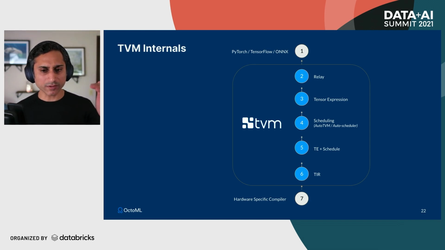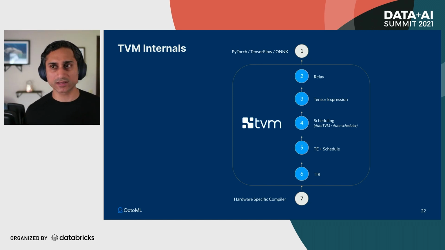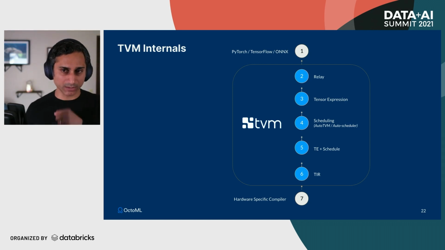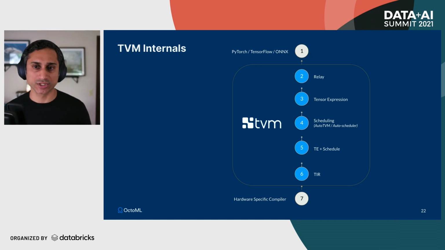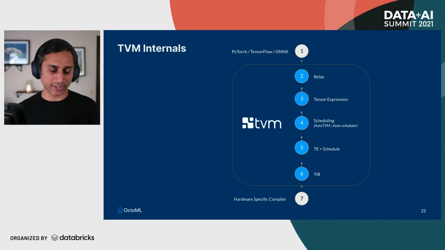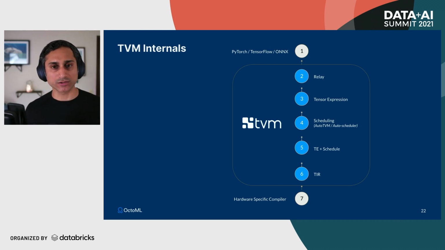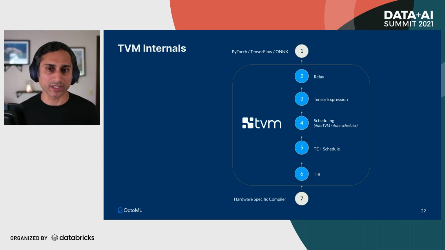So I'll cover a few of these steps in the future slides, but at the very high level, step 1 is you import your neural network into the TVM internal format, which is Relay. The importer just takes a TensorFlow or PyTorch or MXNet neural network and builds a fragment of the AST out of it, the graph for it. Then Relay represents your entire neural network in its IR format or IR language.